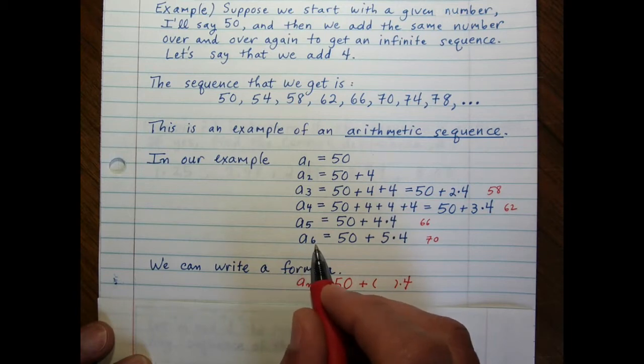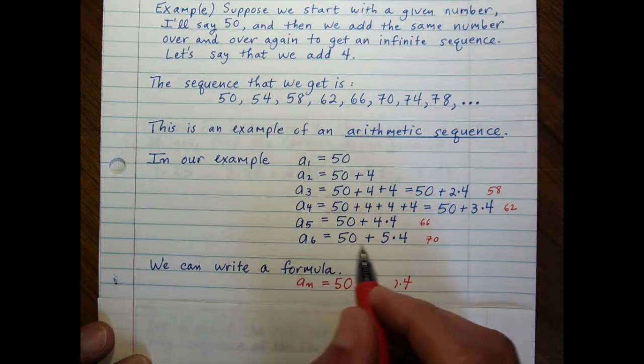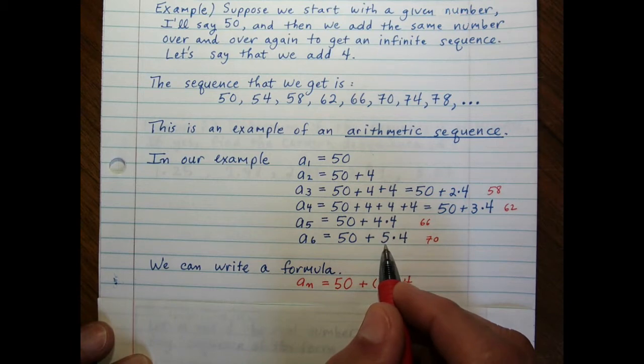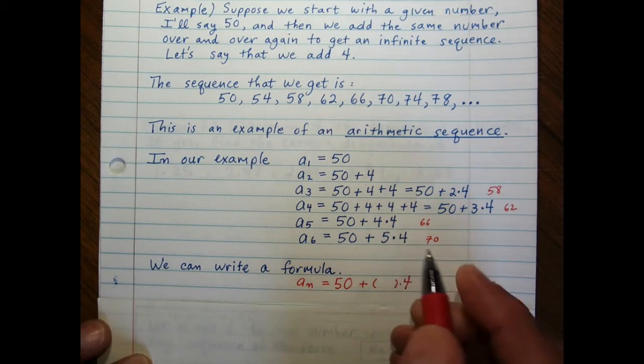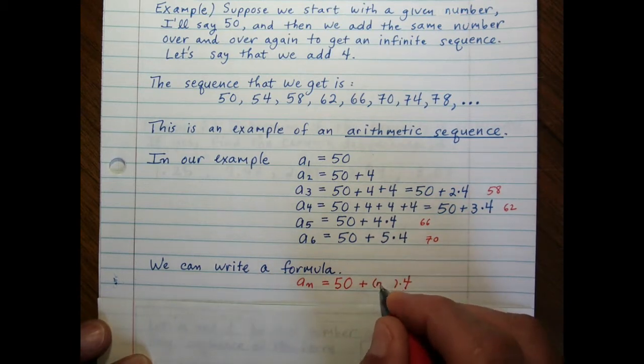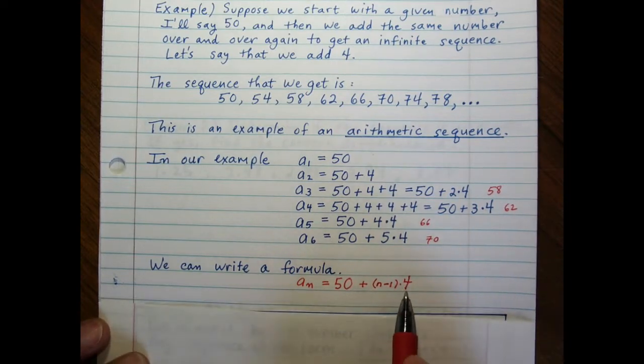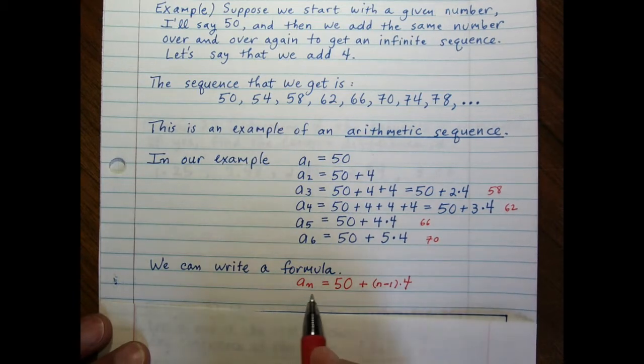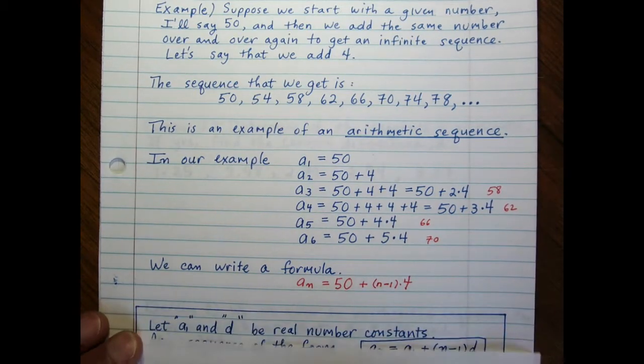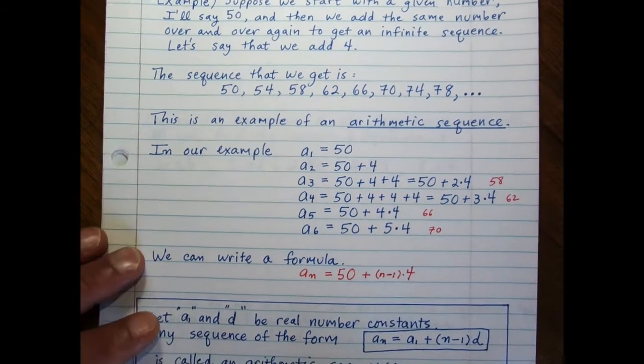We're labeling a sub 6. We actually had to add on 5 times 4 there. So we have to write n minus 1 times 4. So the number of times we add on 4 is actually 1 less than that subscript. And this is a general formula that we're going to work with.